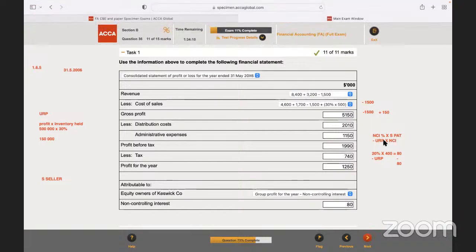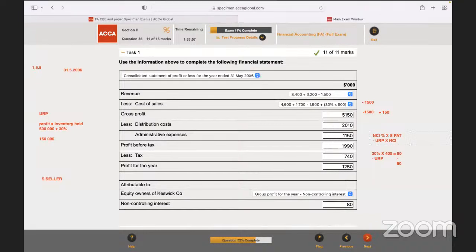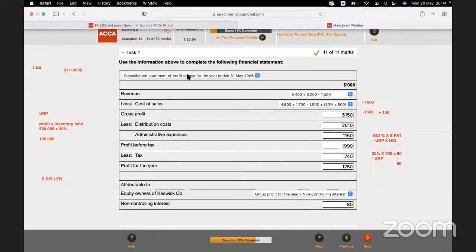Anyway, here, how to calculate the NCI interest, this is the formula you have to go for: NCI percentage multiplied by subsidiary's profit after tax. Because remember, NCI can get a profit only from the subsidiary company.